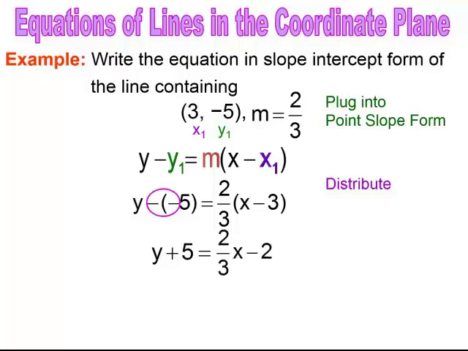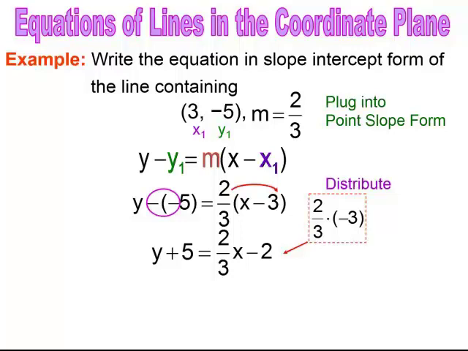So when I distribute that 2/3 to x, I'm going to end up with 2/3 x. But be careful, when you distribute that 2/3 to that -3, it's a fraction times a whole number. So 2/3 times -3, you could put that -3 over 1, simplify and multiply across.